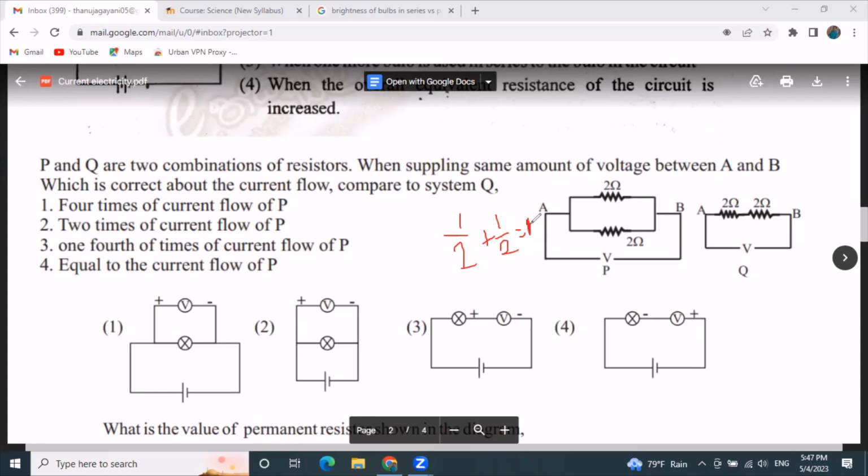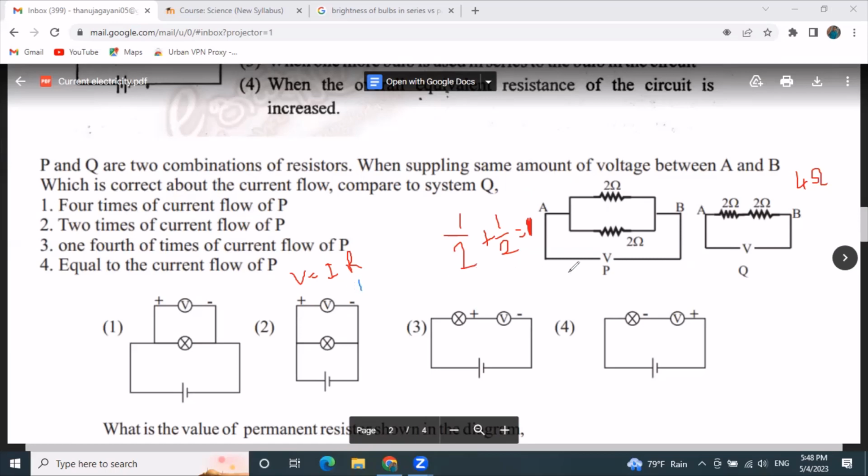Okay, here 2 plus 2 in series method, accordingly 4 ohm. Okay, what they ask? 4 times the current flow of P. Current, we know that V is equal to I into R when resistance is 1 ohm at circuit P. Resistance is 1 ohm at circuit P.